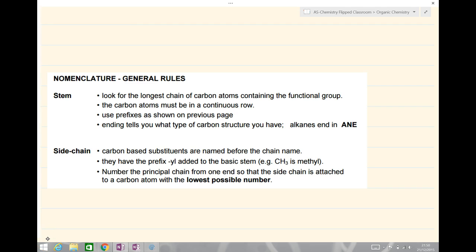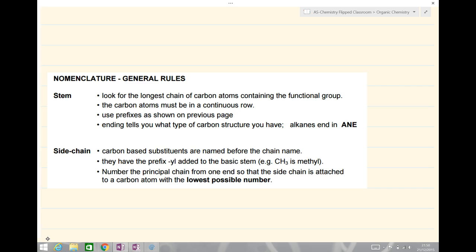Our general rules then that we're going to be following as we look at all of our following examples are, as for the stem, we're going to look for the longest chain of carbon atoms containing the functional group. The carbon atoms must be in a continuous row, although they don't have to be drawn in one continuous line, as we'll see.